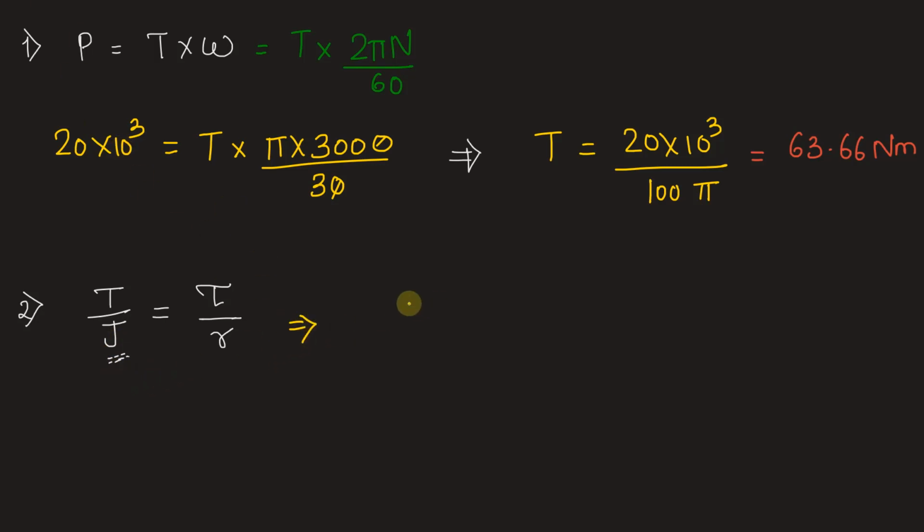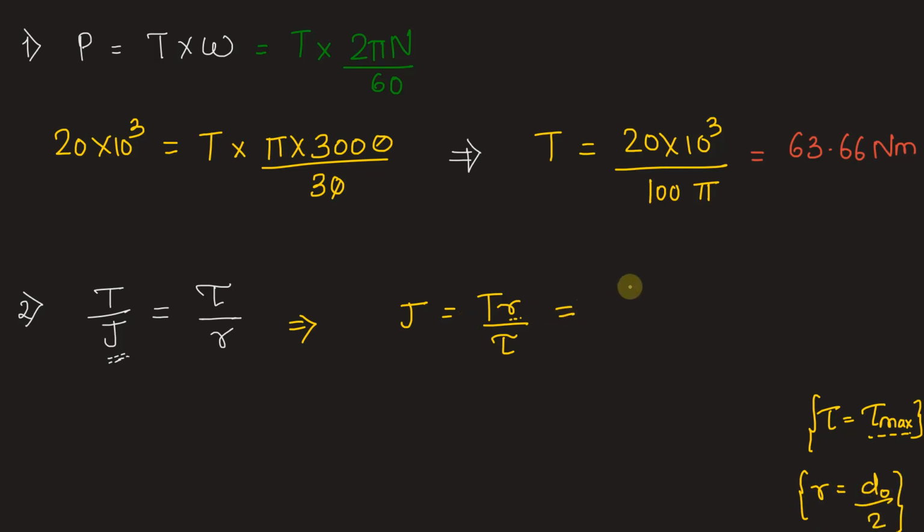Let's rearrange: J is equal to T into R by tau. We'll substitute tau to be the maximum allowable shear stress. And of course, if it's the maximum shear stress, R will be equal to its maximum radius, the outermost fiber of the shaft, which is at the outer radius. So R will be equal to D naught by 2.